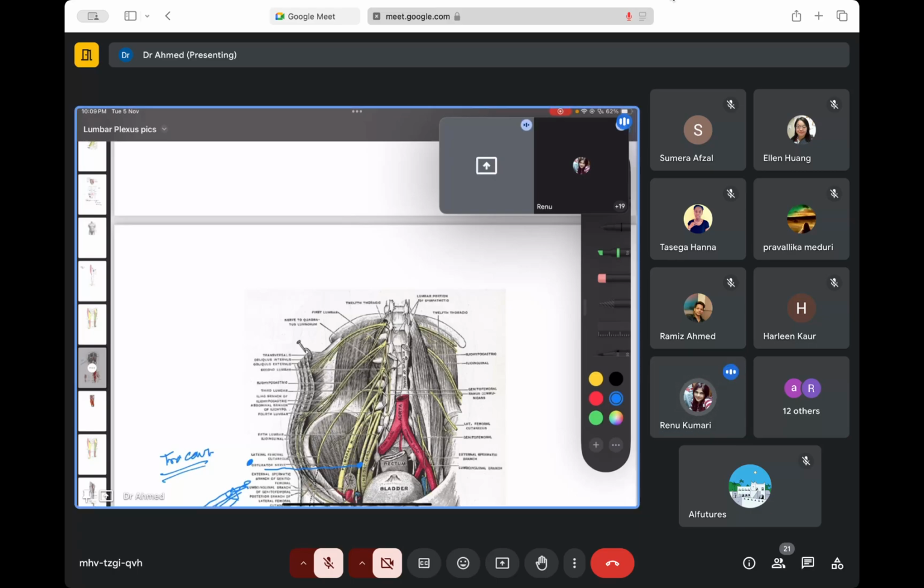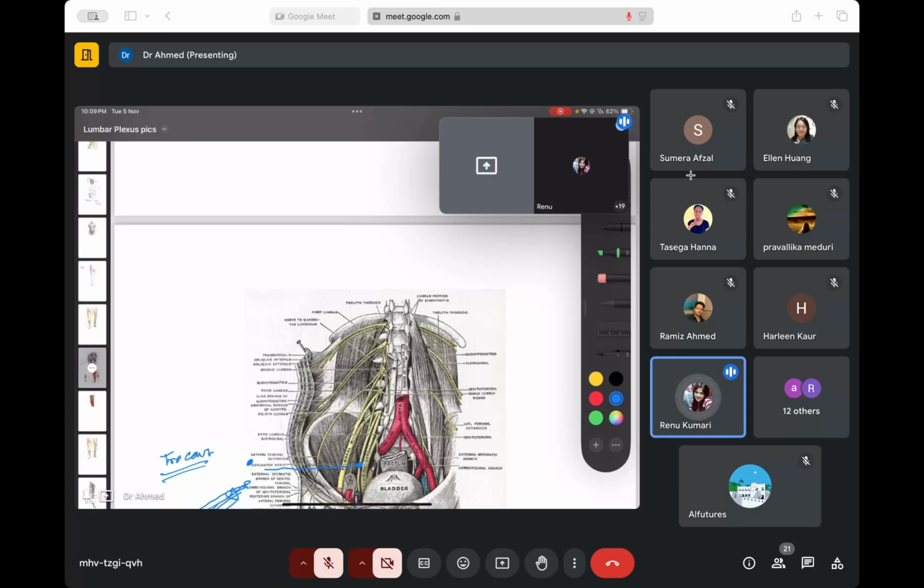like laparotomy or laparoscopic surgery. Then secondly, we discussed the genitofemoral nerve. The genitofemoral nerve is also motor and sensory. The motor supply goes to the cremaster muscle and the skin lying over the scrotum.